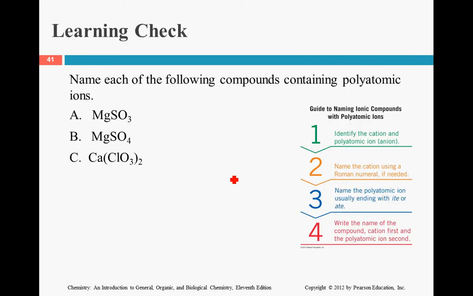Alright, so let's name some more. Look at our periodic table. Magnesium is right here. Since it's in a tall row with a +2 charge, we do not have to worry about the Roman numerals.